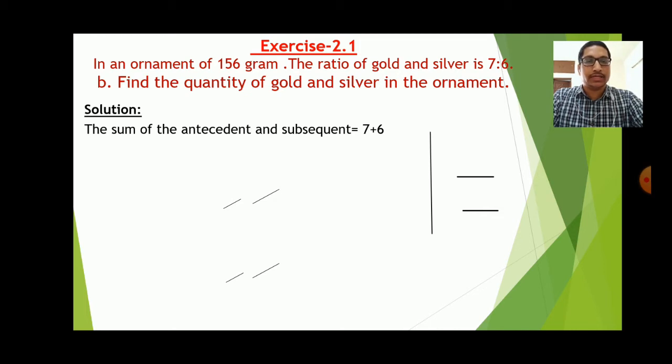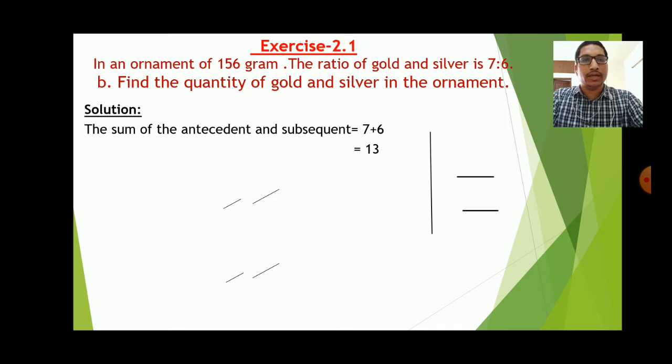So if we add 7 plus 6, it will be 13. Now what will be the gold's quantity? Here gold's quantity will be 7 out of 13 times of the whole amount. I am telling again, 7 out of 13 times of the whole amount. So how will we write? Look at the screen.